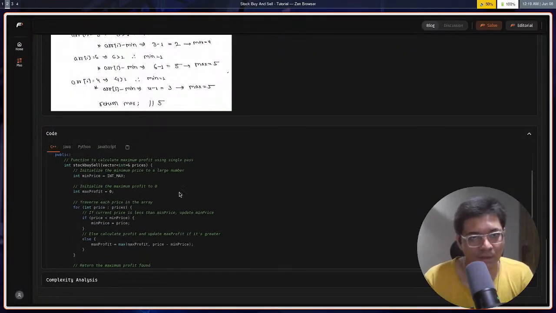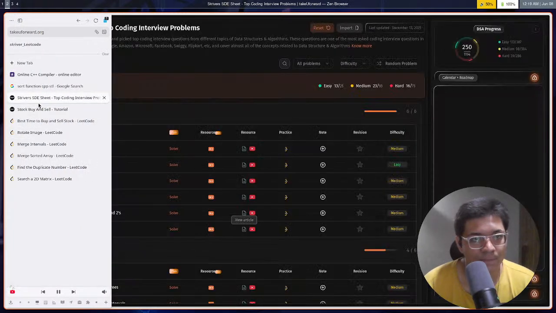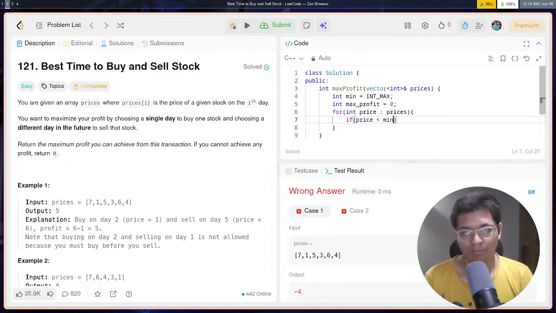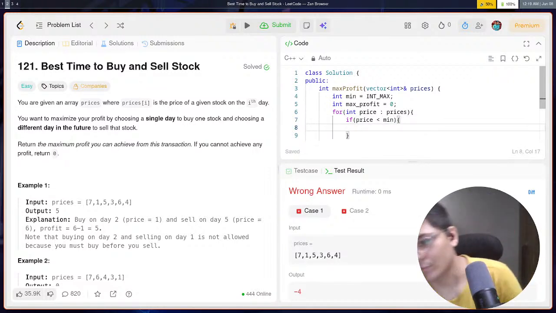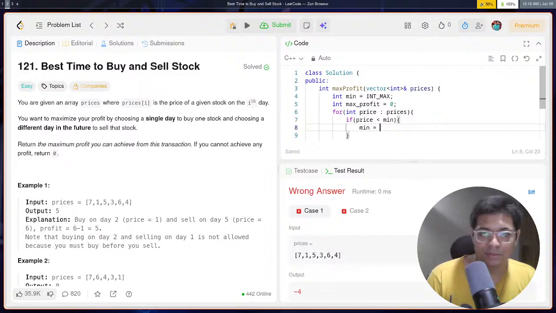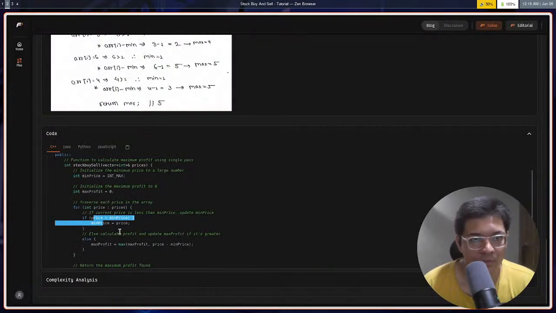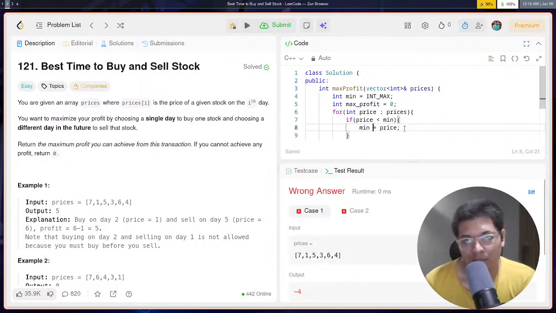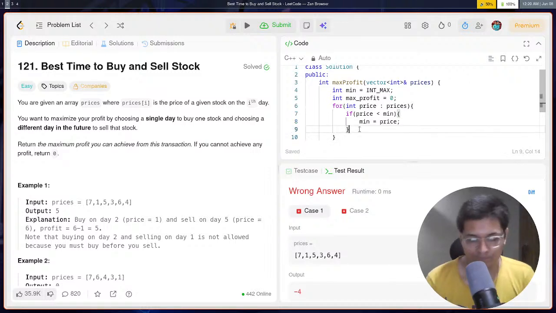Let me check the code once again for reference. If price is less than minimum price, then what we're doing is updating the minimum as price. You can see min price equal to price. I have taken the minimum as a variable, it's all right.